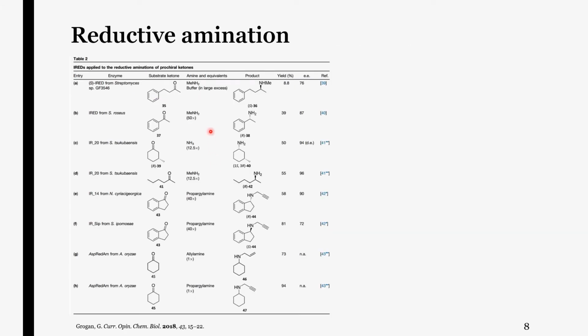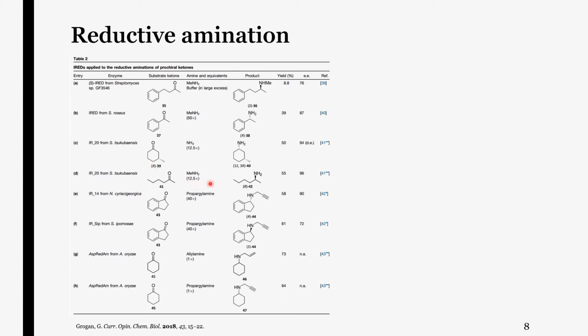Building on this research, different groups were also trying to combine different kinds of carbonyl substrates with a lower excess of the amine donor. For example, here they used a lower amount of methylamine, and here another group used ammonia with a different ketone.